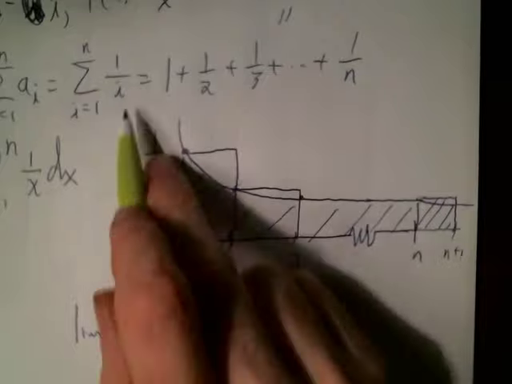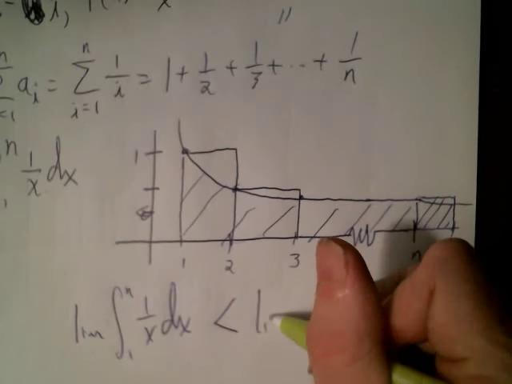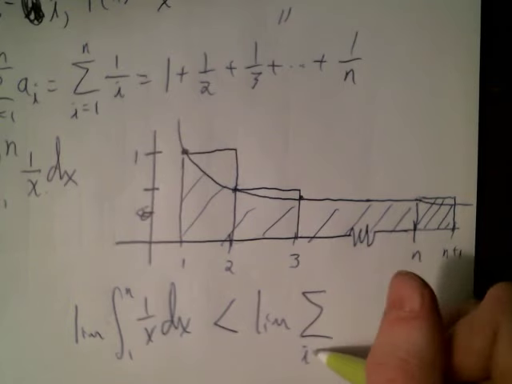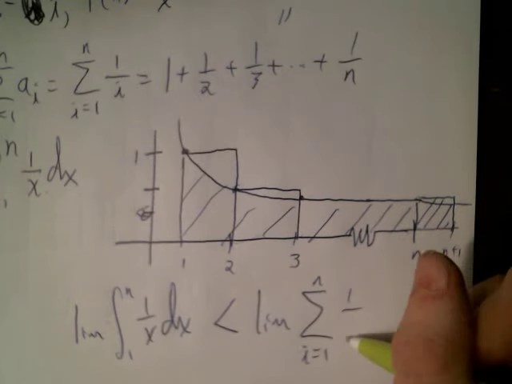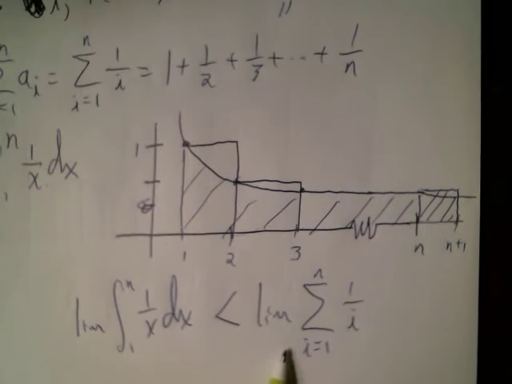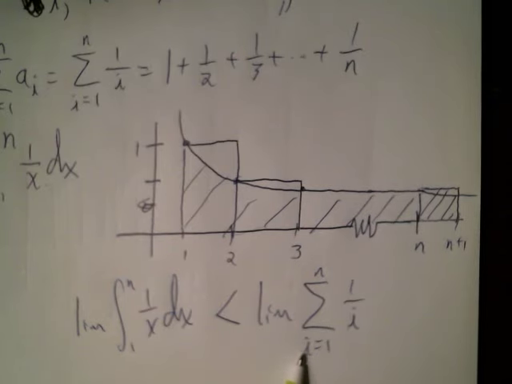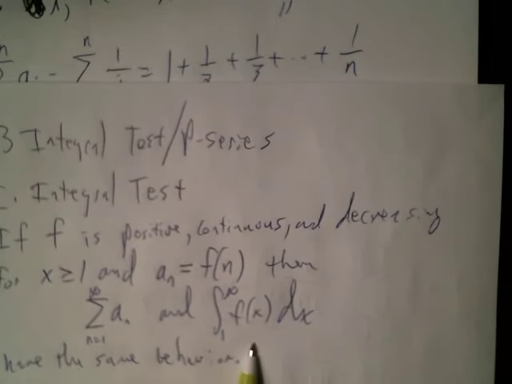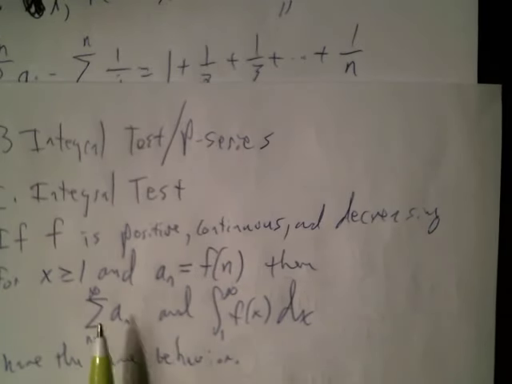Okay? And the area of those rectangles will be the limit as we go to infinity, the limit from i equals 1 to n of 1 over i. Okay, so if this thing is going to infinity, it'll kind of force this guy to go to infinity. Okay? And that's the relationship we're talking about. If this behaves one way, it'll force this guy to behave the same way.